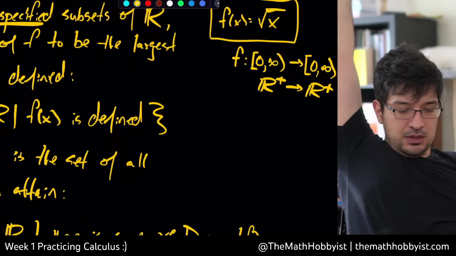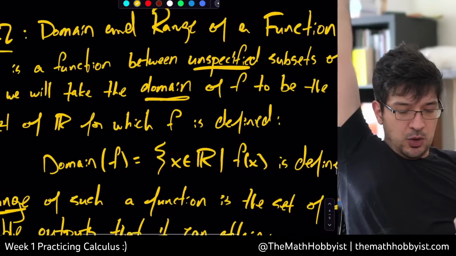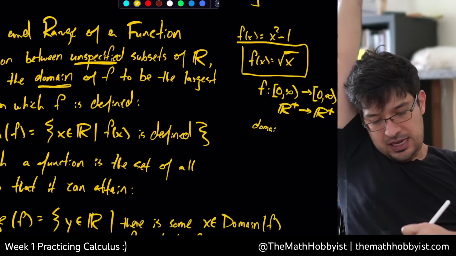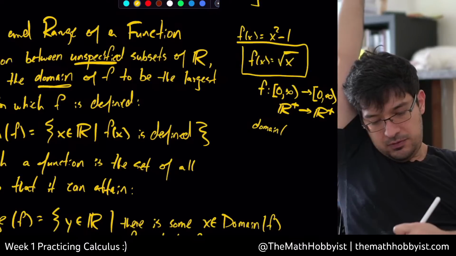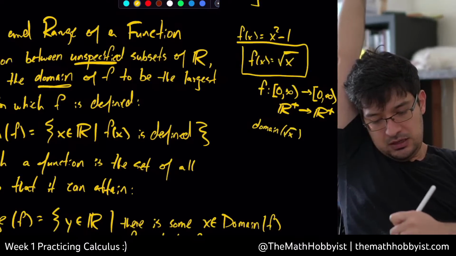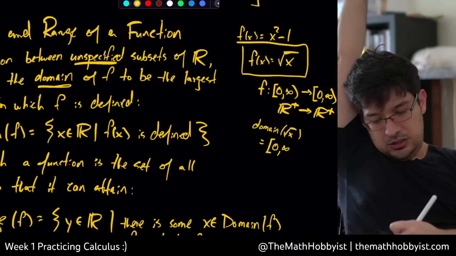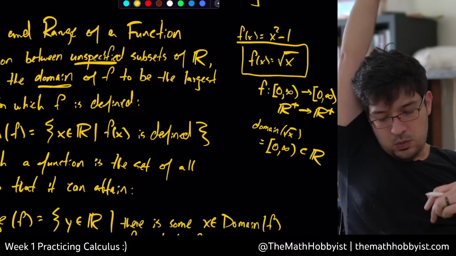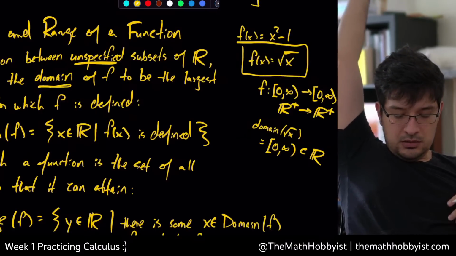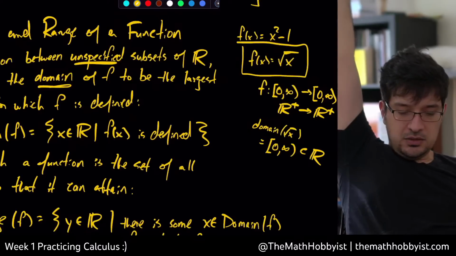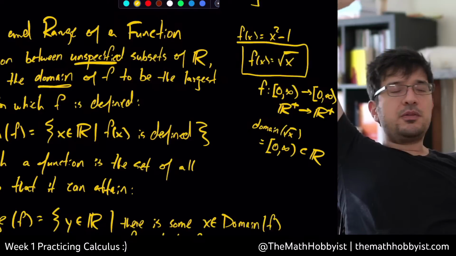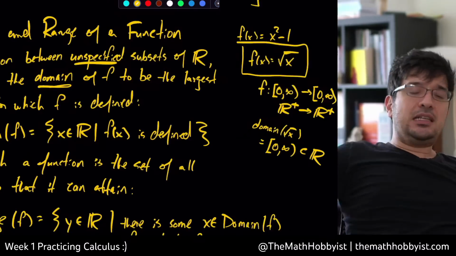So the domain of f, in this case the domain of the square root function, is the largest subset of the real numbers where the function is defined. I don't care about thinking of the part of the real numbers where the function is not defined.